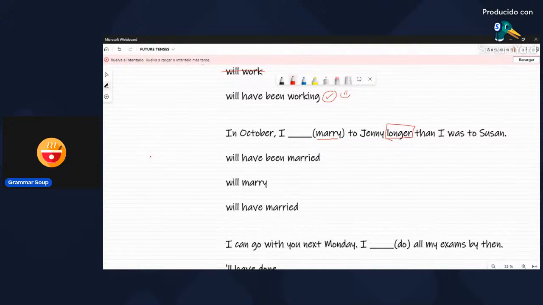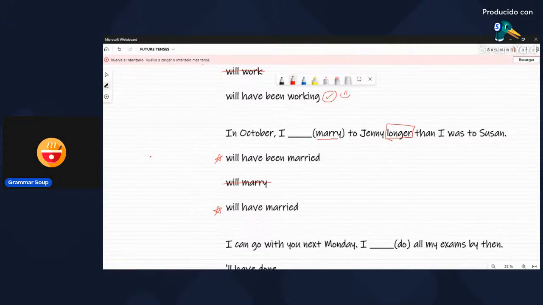So we have two options. Either future perfect progressive or future perfect simple. We have will have been married or will have married. So what do you think, guys? Which is the best option?